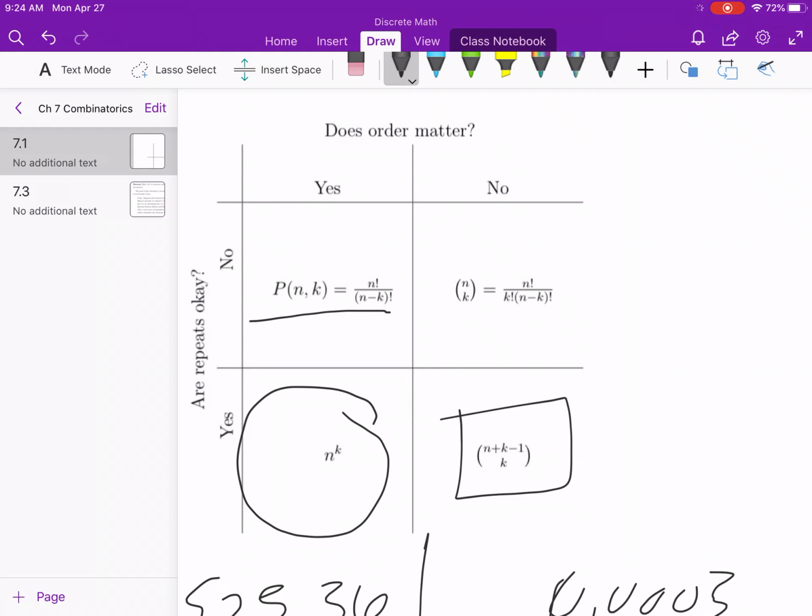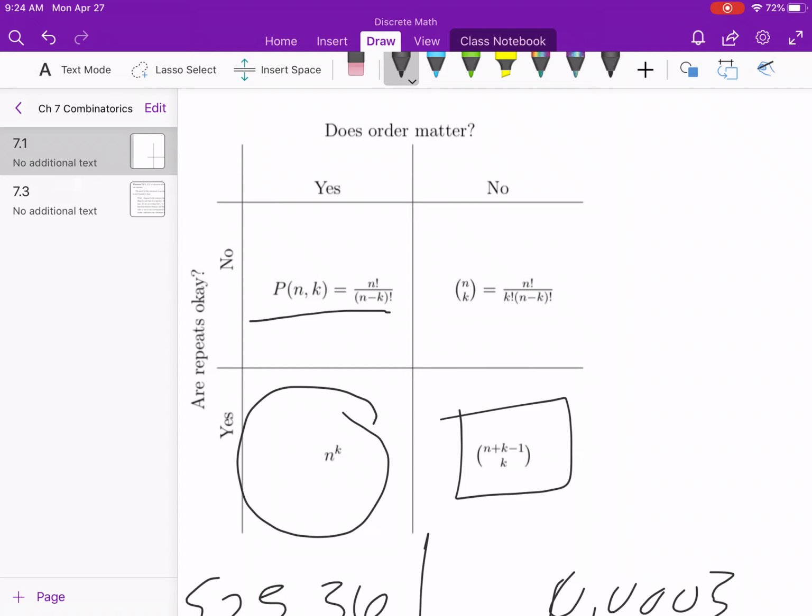If I've got n elements, and I'm taking them k at a time, I've got n plus k minus 1 choose k. In this case, I'm able to find the number of arrangements when order does not matter, and we can actually do repeats of things.